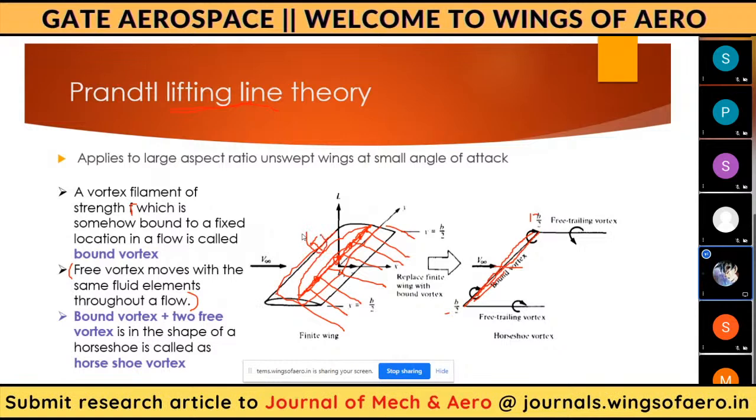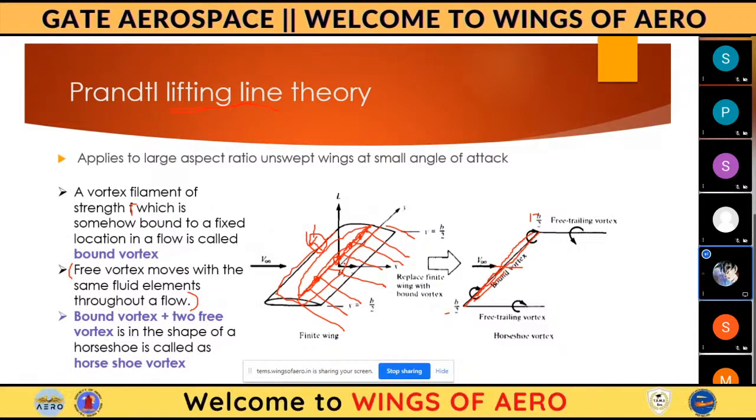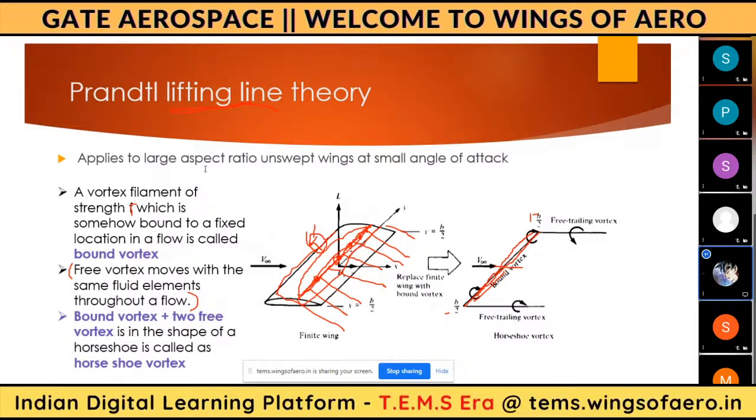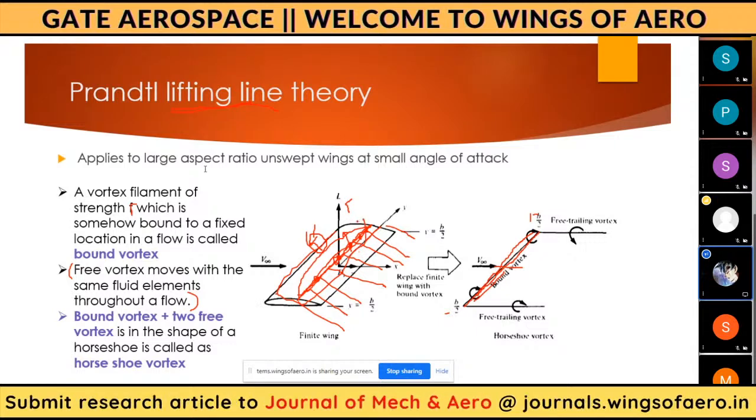Because if we have the vortex strength gamma, we will have lift from the Kutta-Joukowski theorem. We will have lift at this bound vortex or this horseshoe vortex, and adjacent to that side we will have another bound vortex. This vortex will also have some strength gamma, and the next one will also have one gamma value.